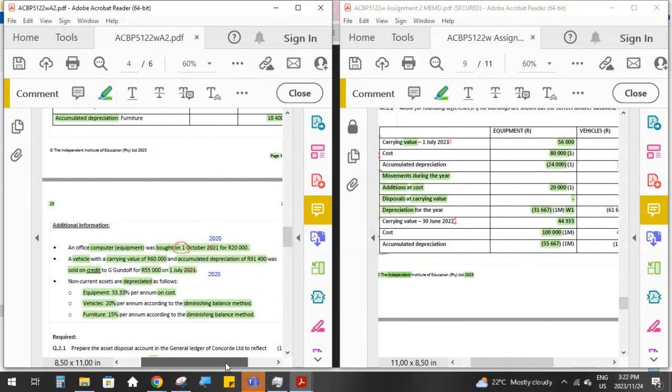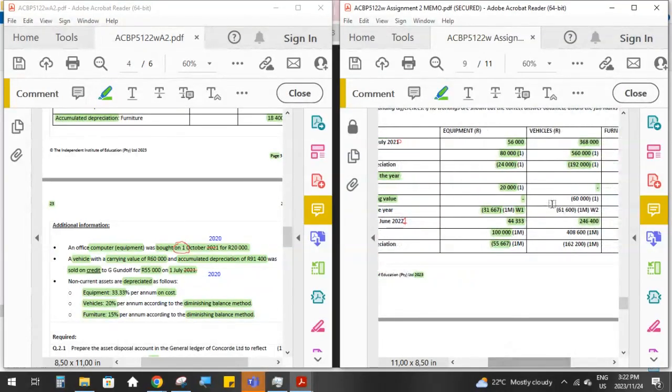And remember, we already worked out somewhere here what the cost of the vehicle was. 91,400 plus 60,000 is going to give us our cost of the vehicle. But when we dispose of a vehicle, it says here we must write in this column disposals at carrying value. So the carrying value of the vehicle we sold was 60,000. So we're going to write that 60,000 in this column.